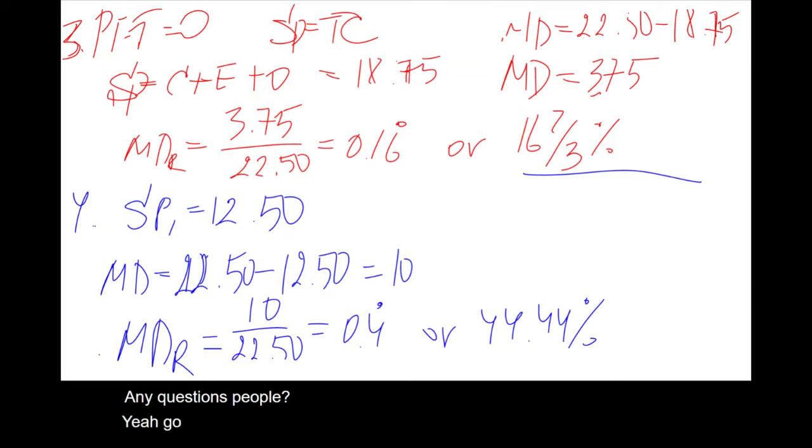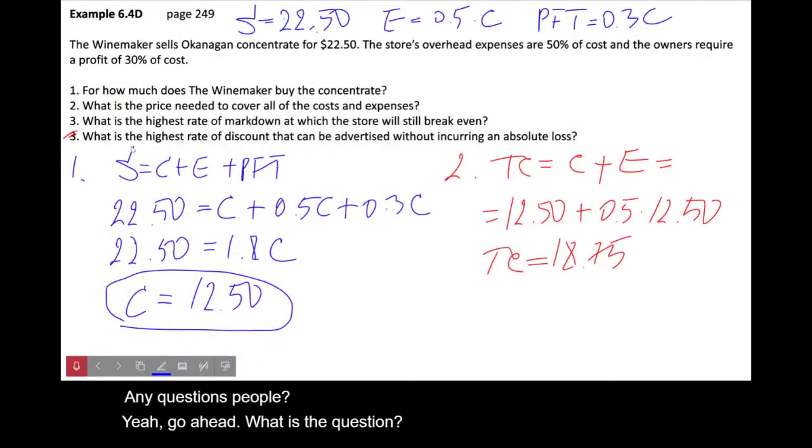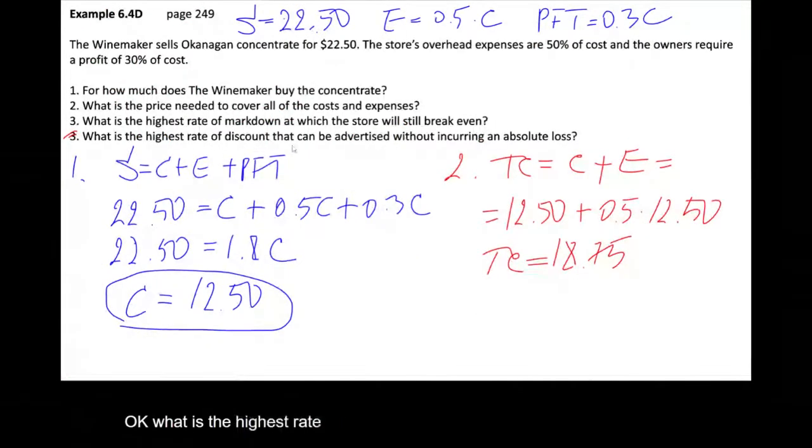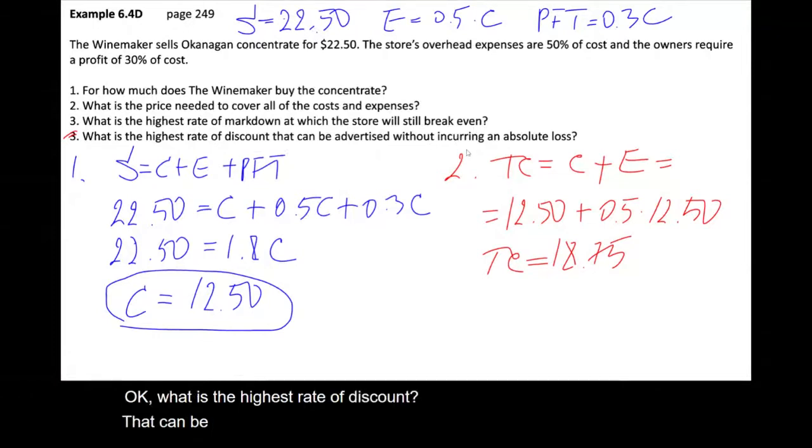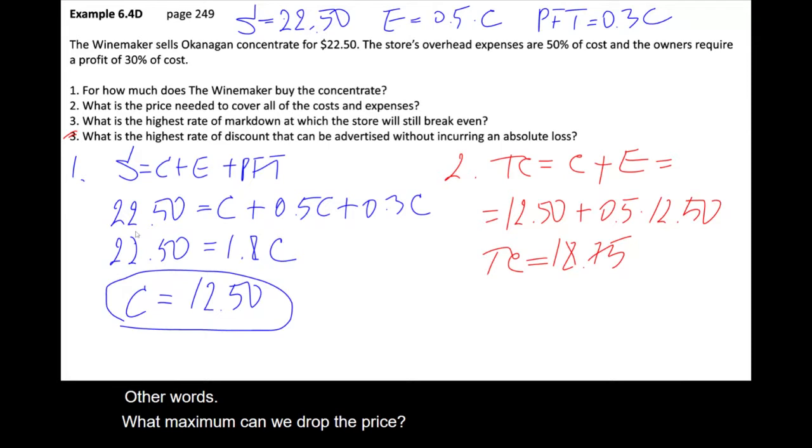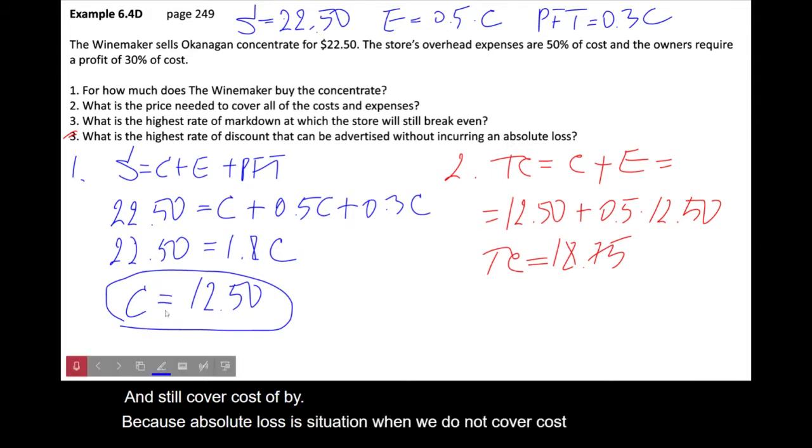Yeah, go ahead. What is the question? Okay, what is the highest rate of discount that can be advertised without incurring an absolute loss? In other words, what maximum can we drop the price and still cover cost of buying? Because absolute loss is situation when we do not cover cost of buying.